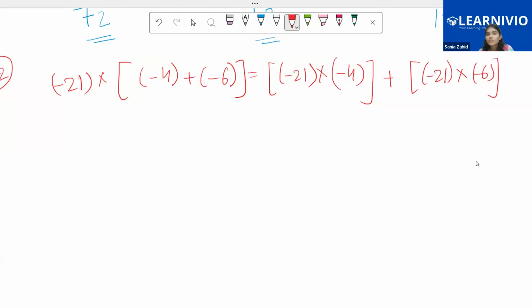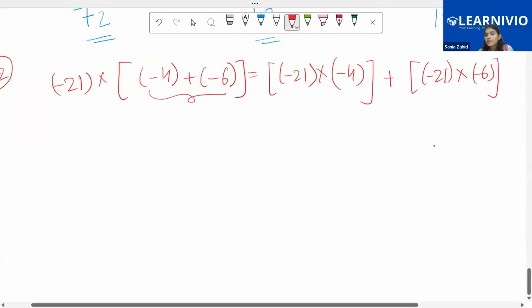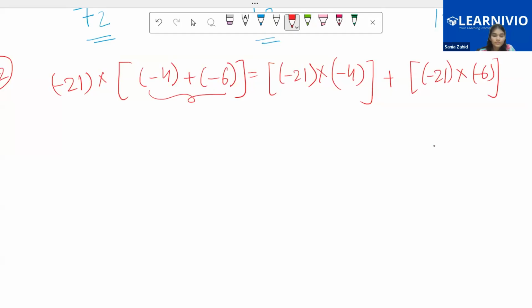Okay, solve this. First you solve inside the bracket, then you solve it step by step. You should get the same answer on the left and right side. Start solving.